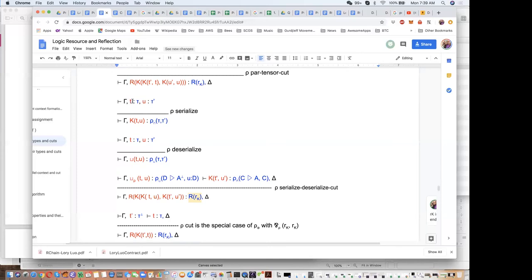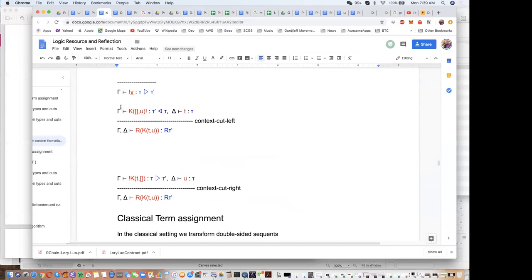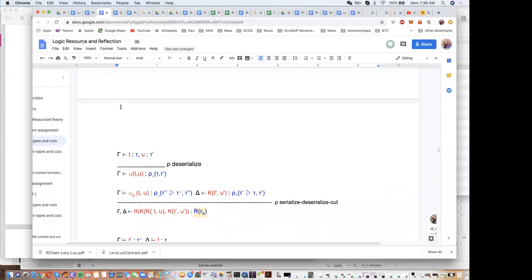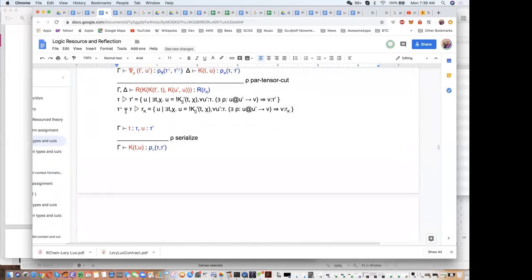So Gamma, if this were in the intuitionist case, it's a little easier to see. There it is. So Gamma thinks that T is of type tau and U is of type tau prime, right?